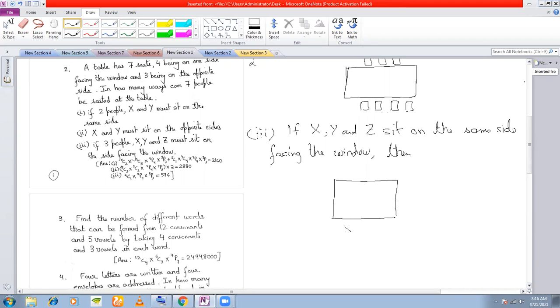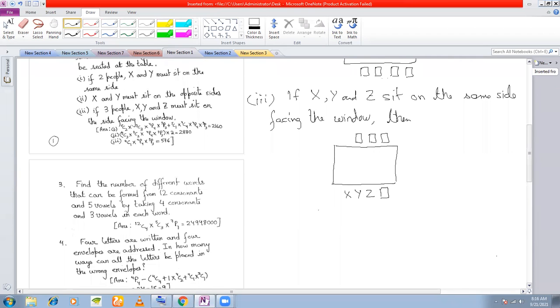So X, Y, and Z you fix. Only one chair left here, and you have 3 chairs left here. And they are sitting on the side facing the window, so they cannot sit on the other side, right? So in how many ways can you arrange them? So what you do is you fix X, Y, and Z. So fixing X, Y, and Z, as shown above.